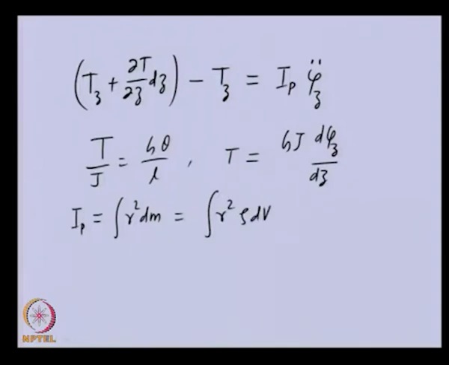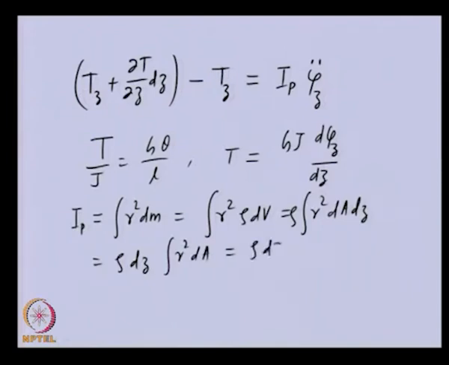So, this is the mass, and then we can write it as area and dz, and rho we can take outside, and this can be simplified as rho dz, because dz will come out, r square dA, and r square dA is nothing but J, the second moment of inertia, that is the polar moment of inertia of the shaft, which is given as J equals pi by 32 d to the power 4 for a circular shaft.